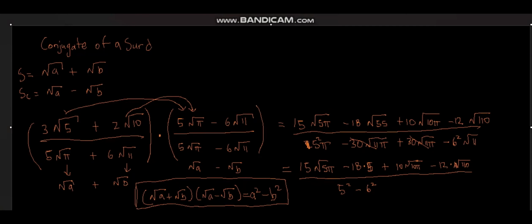So that would be it for rationalizing by multiplying the expression by the conjugate of the denominator.